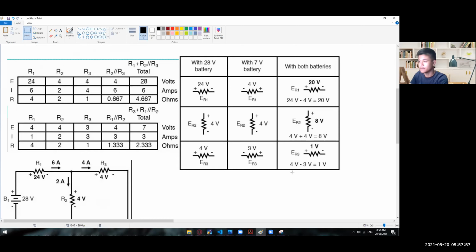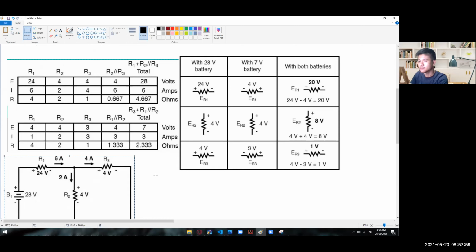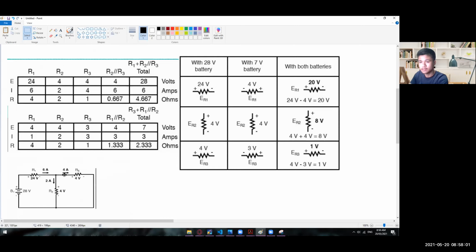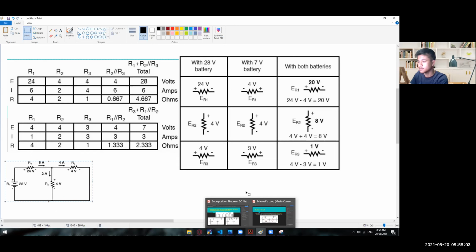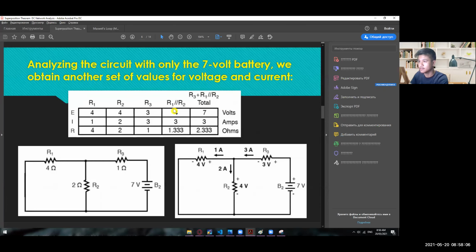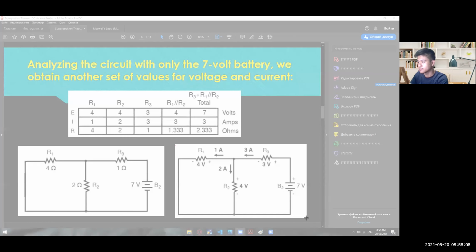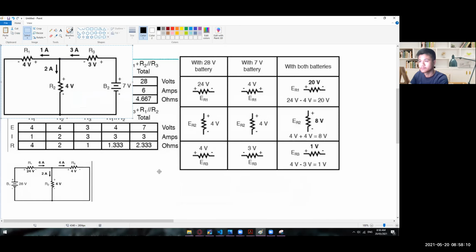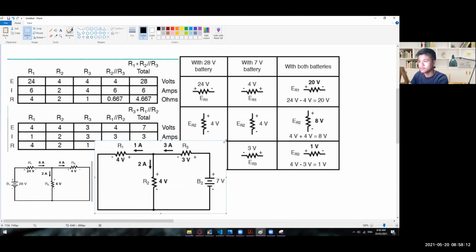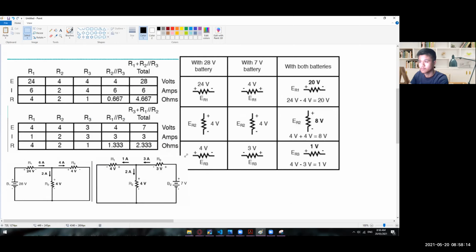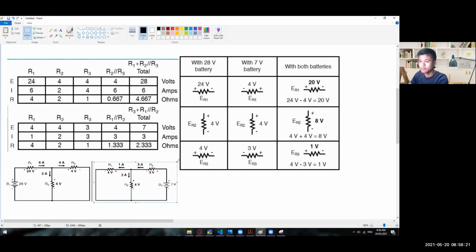So we have here the first table, let me shrink this one. And we have here the second table. Anyway, I hope you guys can still see this one.